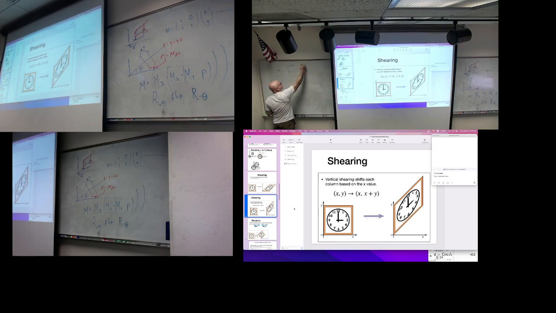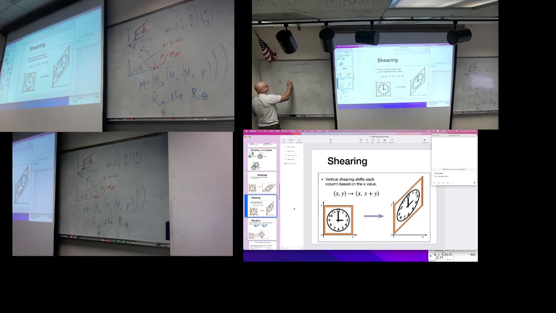Cosine minus sine, sine cosine of minus theta. Now, the sine swaps sign when it's minus theta instead of theta. The cosine doesn't care.